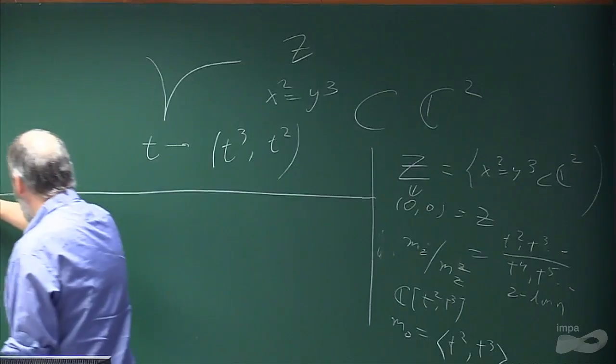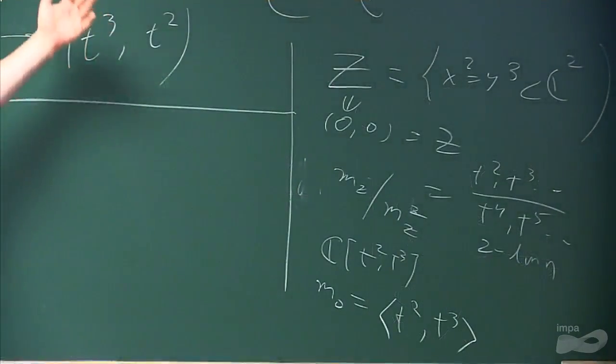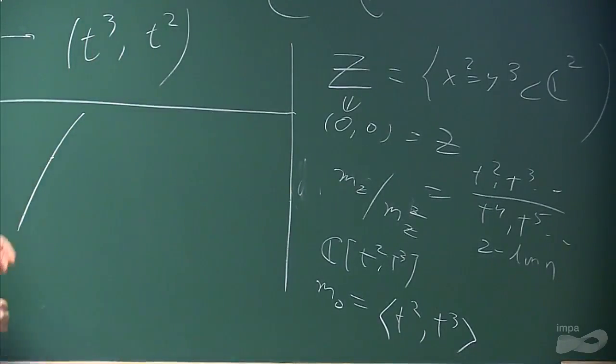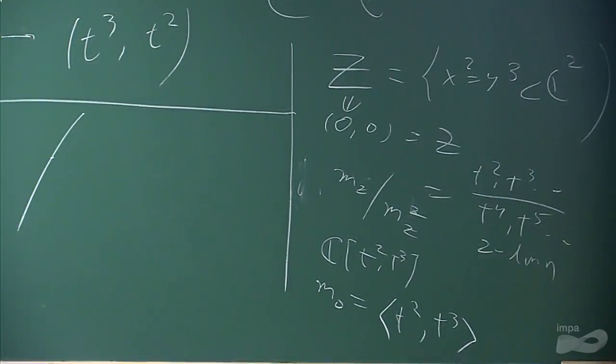On the other hand, if you have a smooth curve, a smooth one-dimensional subvariety, you can easily see that the quotient of the maximal ideal by the maximal ideal squared is always one-dimensional.